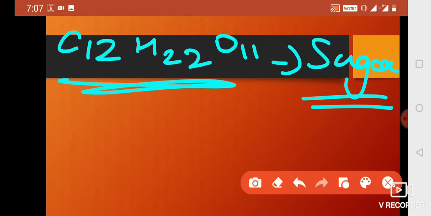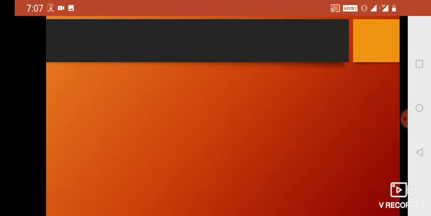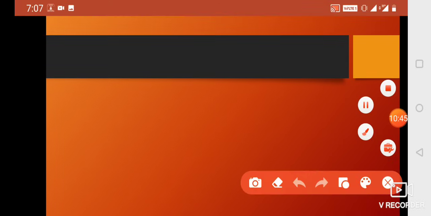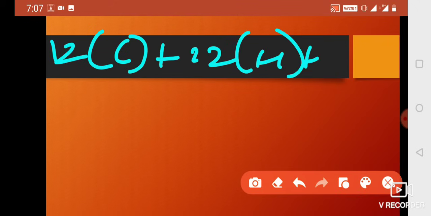And what is the formula of glucose? C6H12O6. Formula of glucose. Now let us do first of sugar. Okay, now easily we can see that there are 12 carbon, then 22 hydrogen, then 11 oxygen.